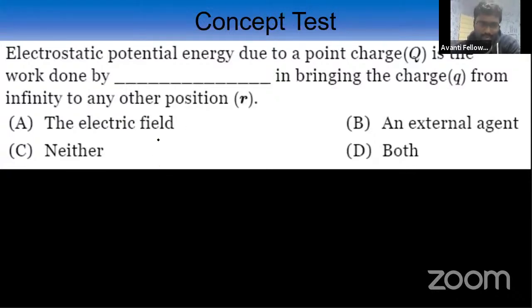The question is, who is doing the work? The options: the electric field, an external agent, neither of them, or both the electric field and an external agent.